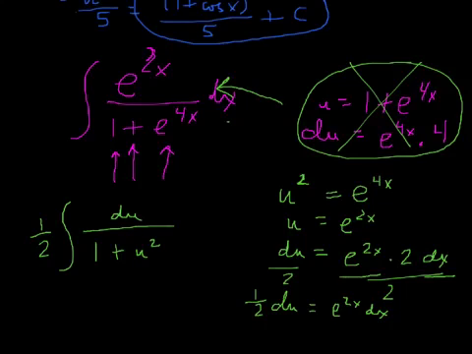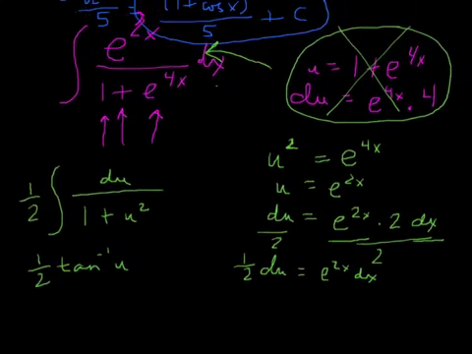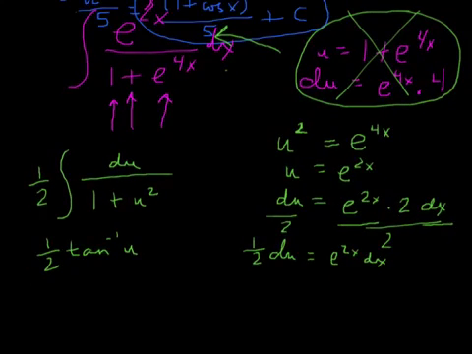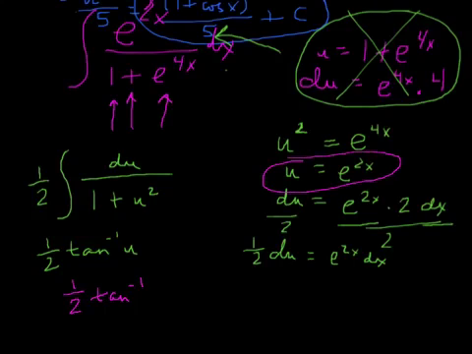And now, with just a little bit of work, you can see that this is the inverse tangent pattern. So you get 1/2 tangent to the -1 of u. And the last step is just put the x's back in. So it's 1/2 tan to the -1. Here's what u is equal to.